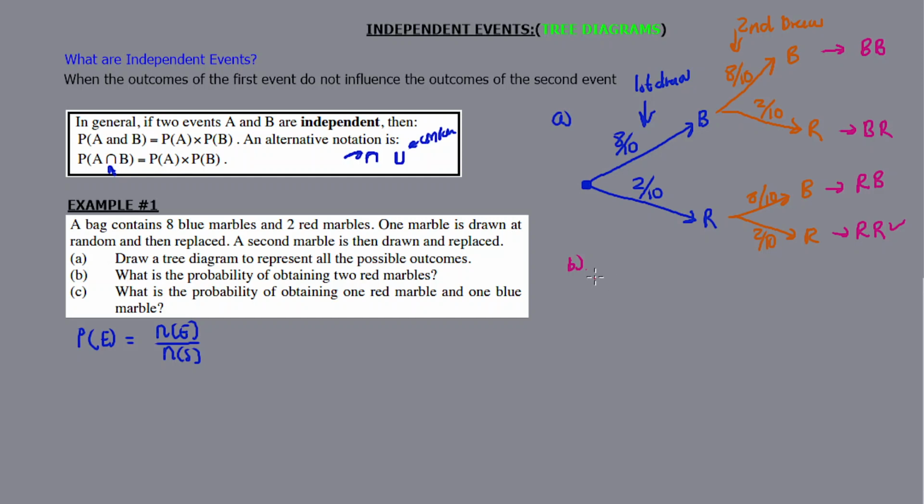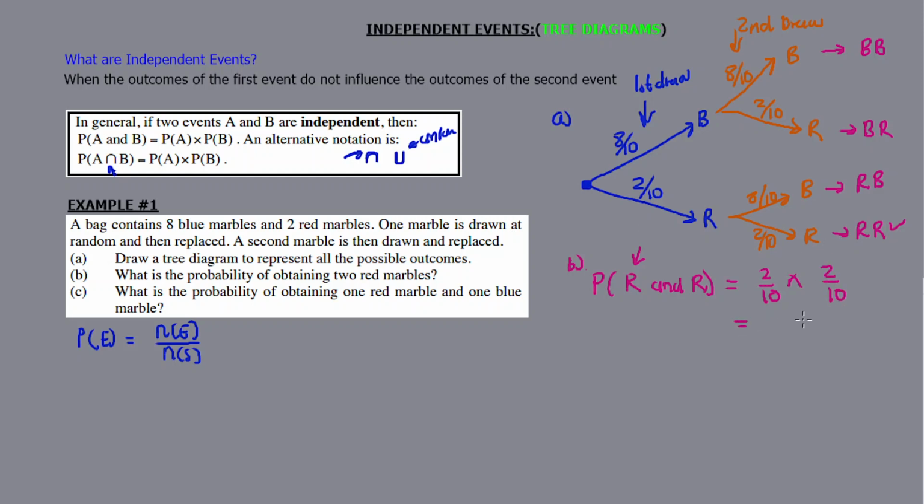So we are applying the formula: the probability of obtaining a red the first time is 2/10, times the probability of obtaining another red, which is 2/10.